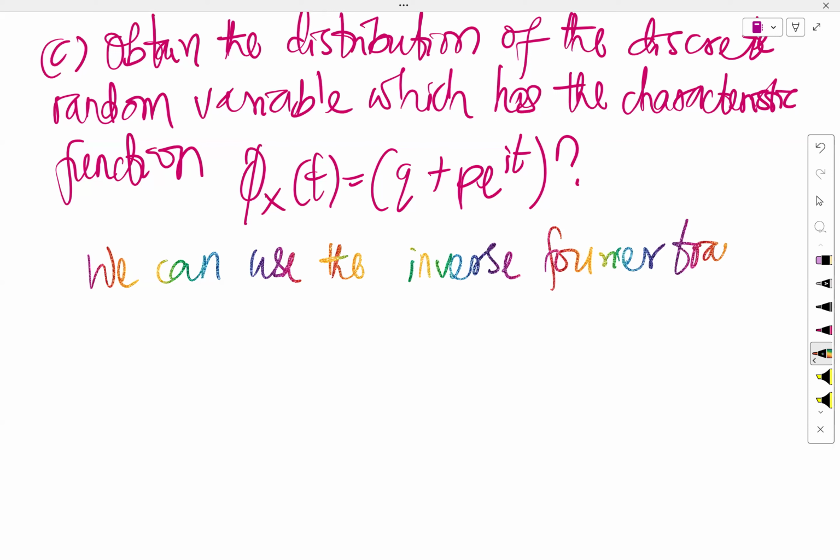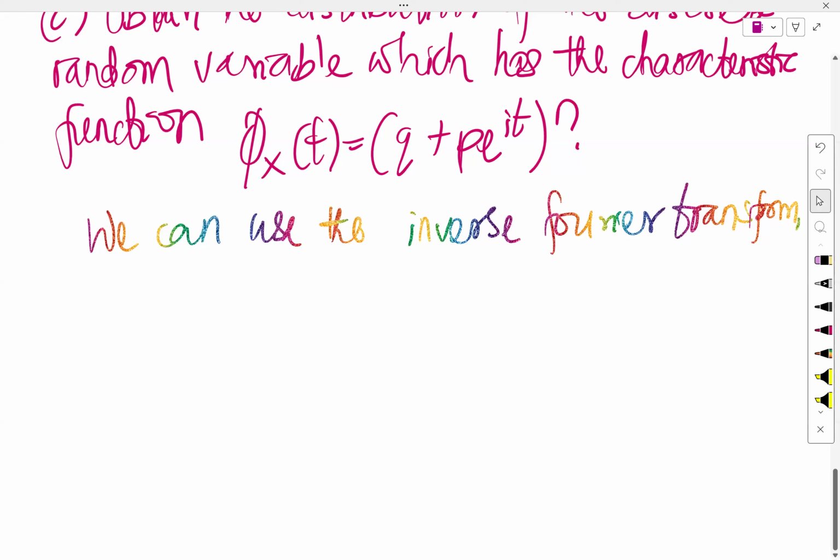So it's more like here now we have the characteristic function and we need to get the distribution. The distribution is that original expression, like what we just did, where you had P of X equals k, that kind of thing. So it's more like going back, the reverse. So we can use the inverse Fourier transform.